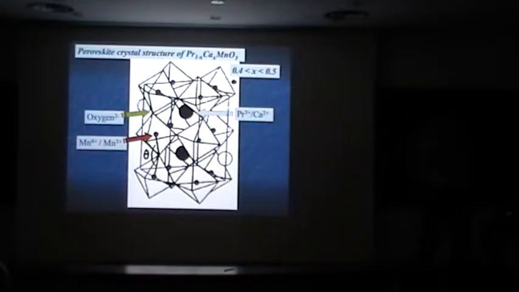Corner-connected MnO6 octahedra. The important thing is the manganese is in the middle. And depending on doping, in this case, if you do just the electron count, the manganese is either 4+ or 3+, depending on the calcium content.